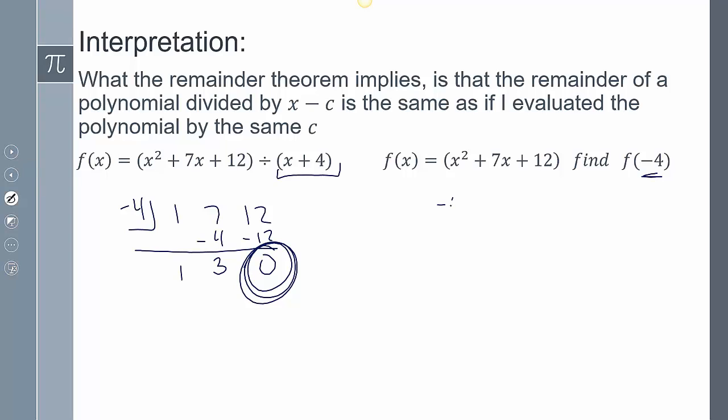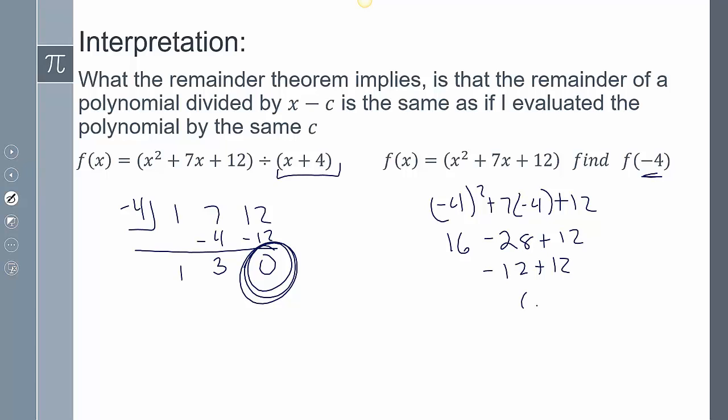Well, what if I evaluate? So I get negative 4 squared plus 7 times negative 4 plus 12. I get 16 minus 28 plus 12. Negative 12 plus 12, I get 0. My remainder there is 0. They are the same. And the remainder theorem states that they're the same.